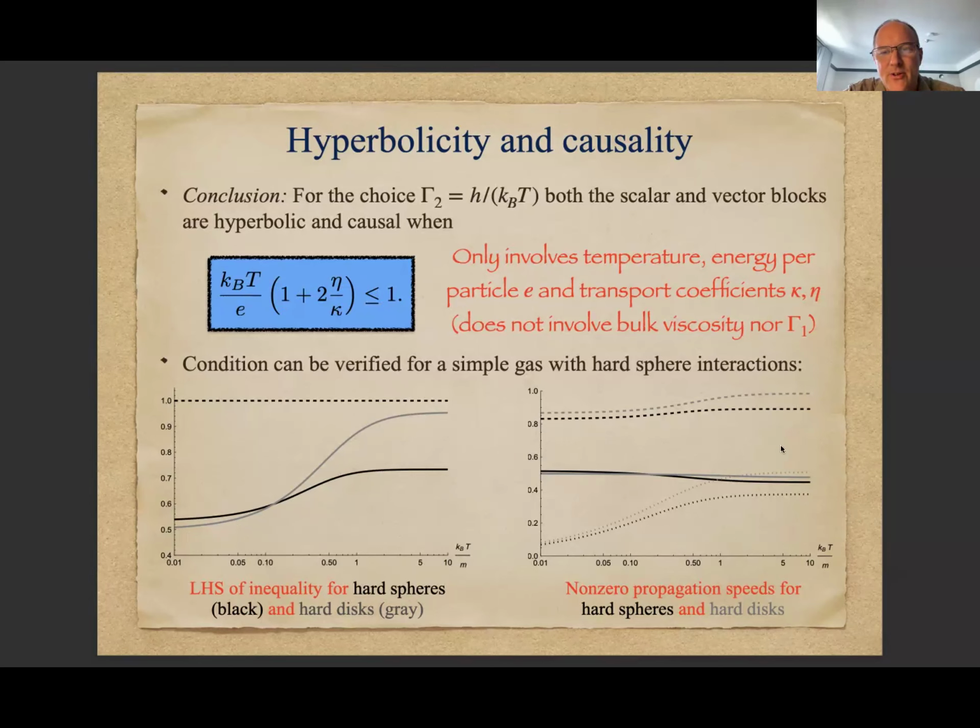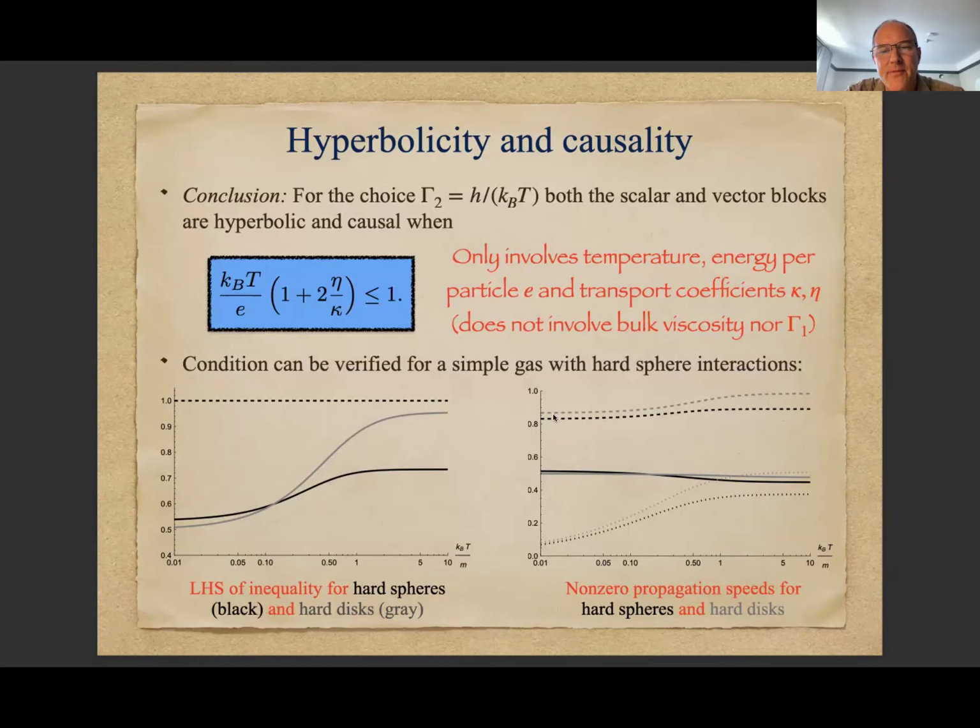On the right-hand side, I show you the corresponding characteristic speeds, in units where the speed of light is 1 again. And again, you should look at the black curves. There are some that propagate with 0 speed, but the non-zero speeds are given by the black solid, dotted, and dashed-dotted lines.